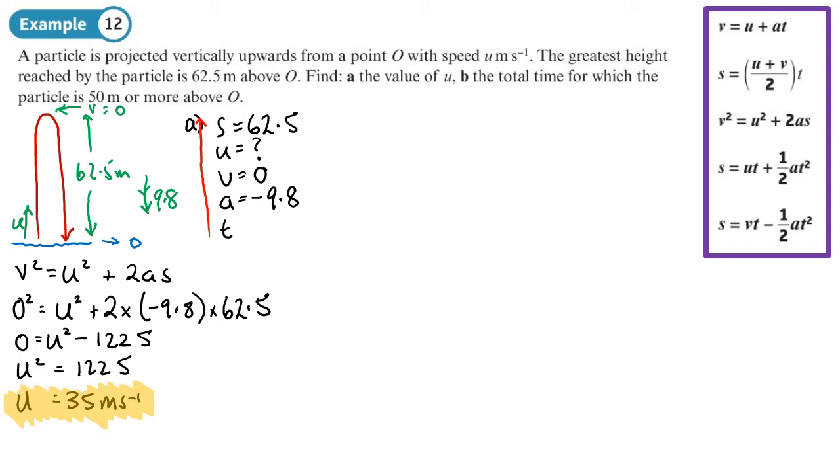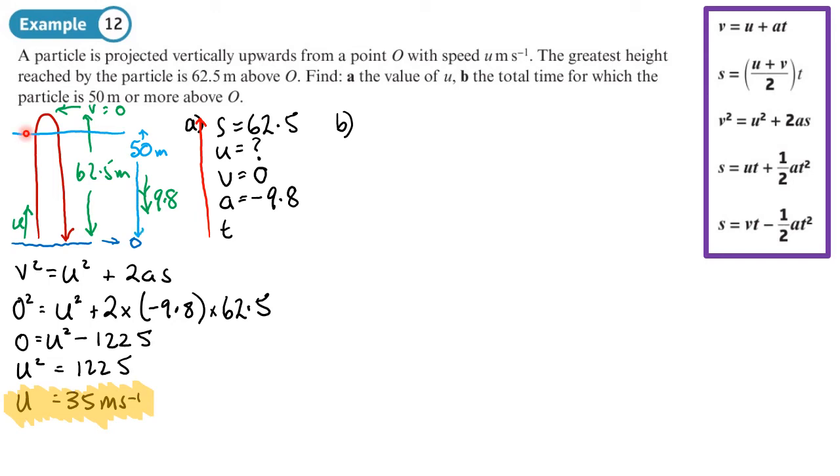And then in part B, we want to find the total time for which the particle is 50 meters above O. Right, so on this diagram, let's imagine that this line is 50 meters above O. It's above this point down here.